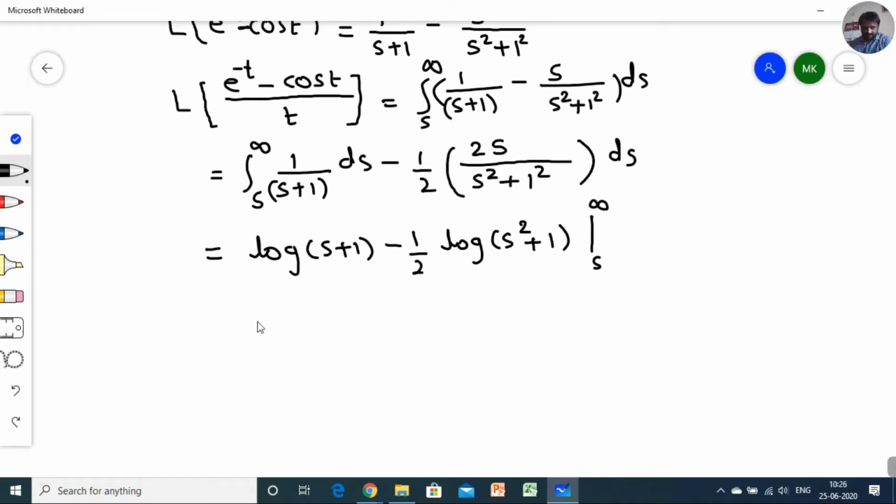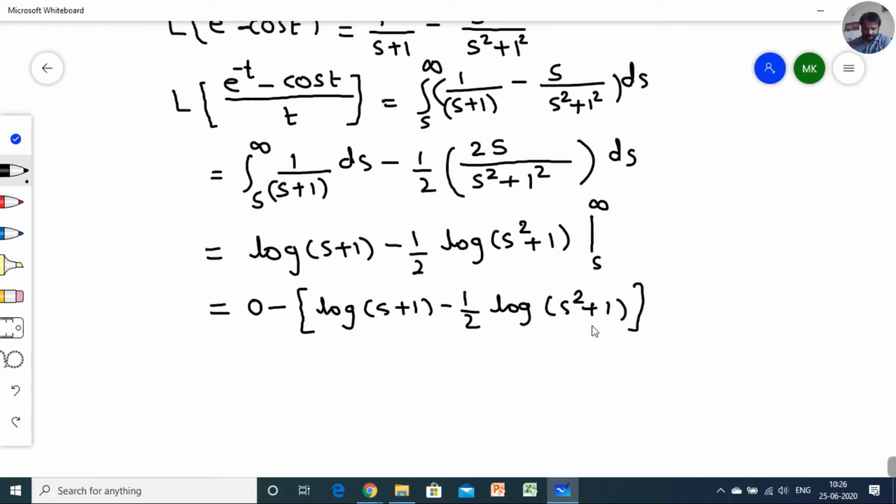So the upper limit must be 0. We have to apply directly the lower limit. So upper limit is 0 minus, while applying the lower limit, as it is, log of s plus 1 minus 1 by 2 log of s square plus 1.